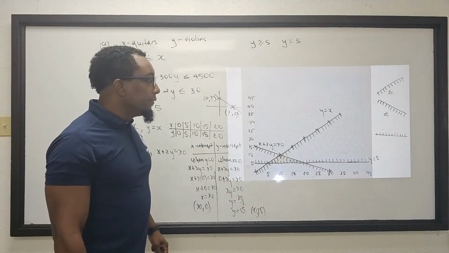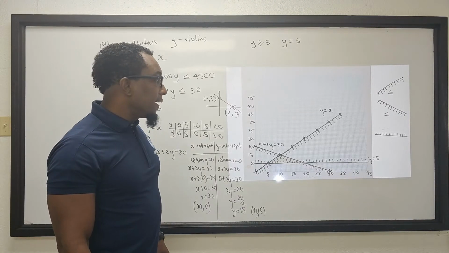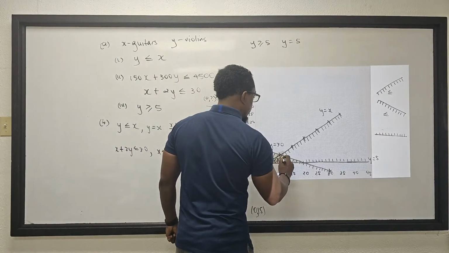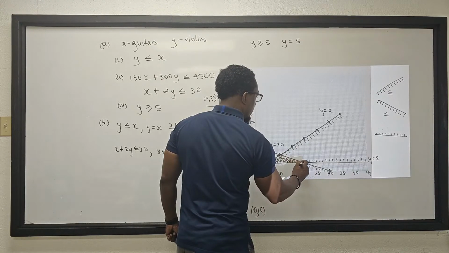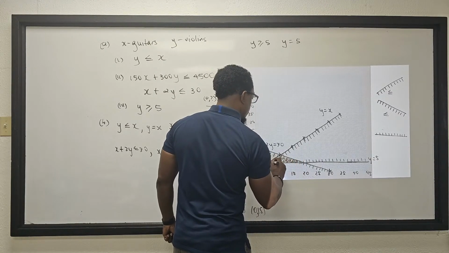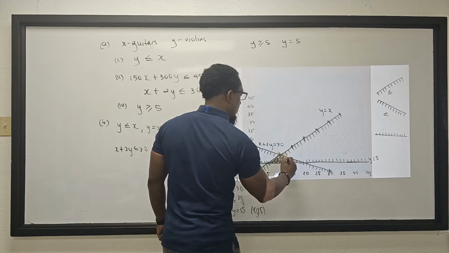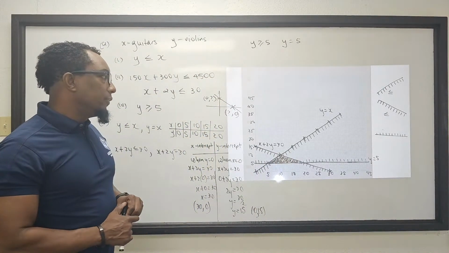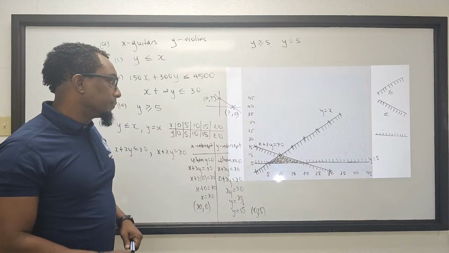And therefore, the region that satisfies all three inequalities will be this region. That's the region satisfying all three inequalities.